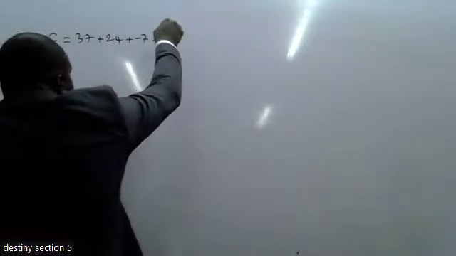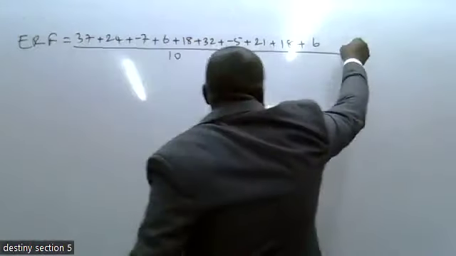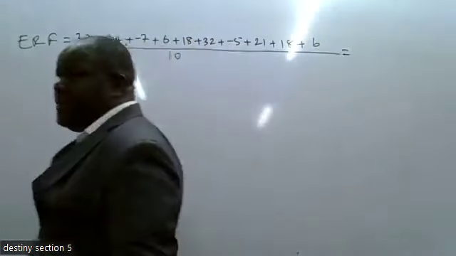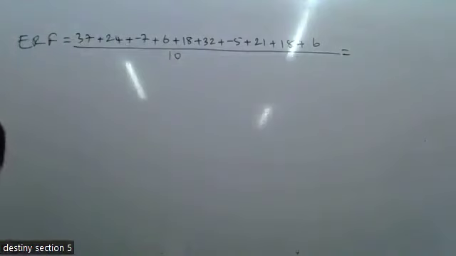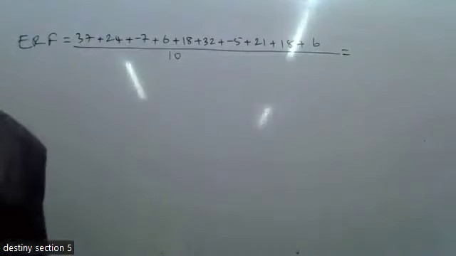So you divide by their number. There are 10 of them. That is how to get expected return. When there are no probabilities, you simply add all of them and divide by their number.